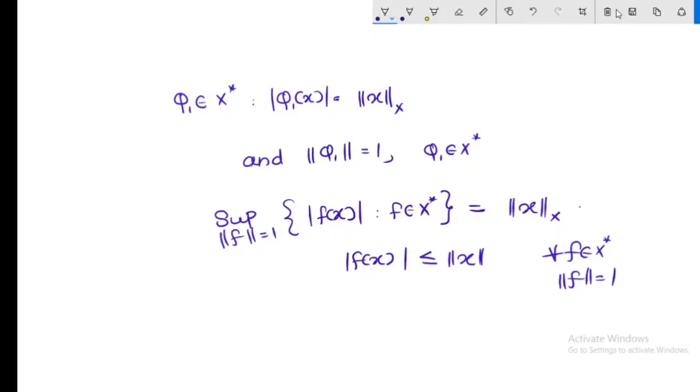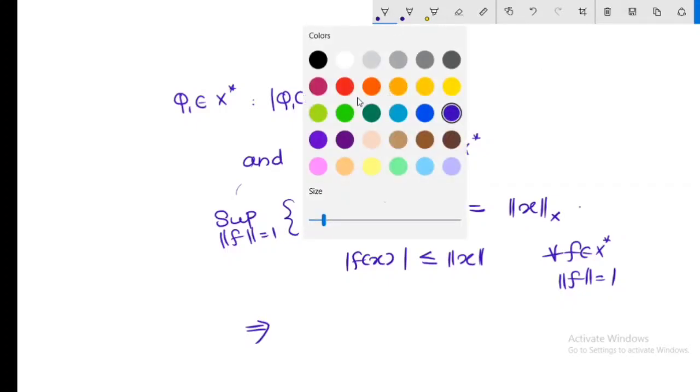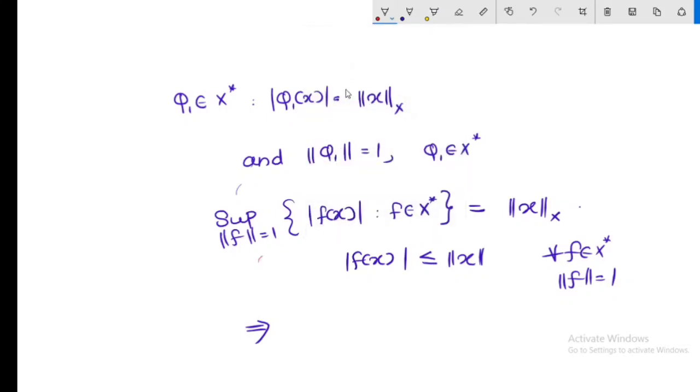And here we get modulus of ψ1(x) equal to this one. Therefore the supremum value of this set is equal to this one. This implies norm of x is equal to supremum over norm of f equal to 1 of modulus of f(x).